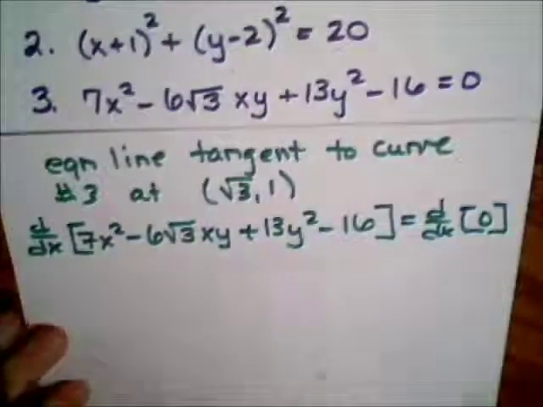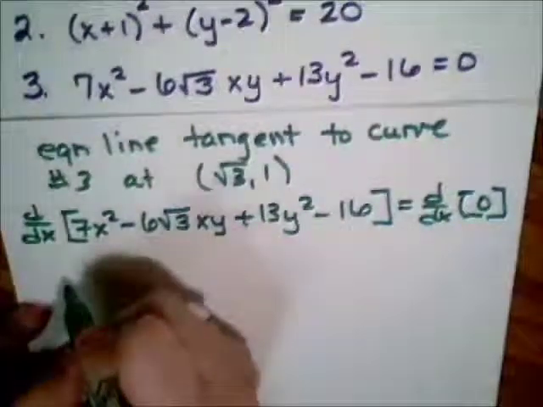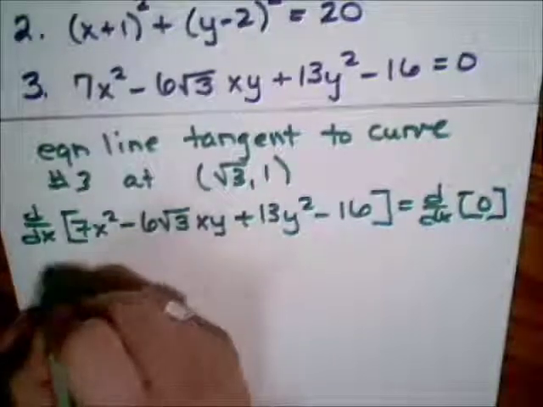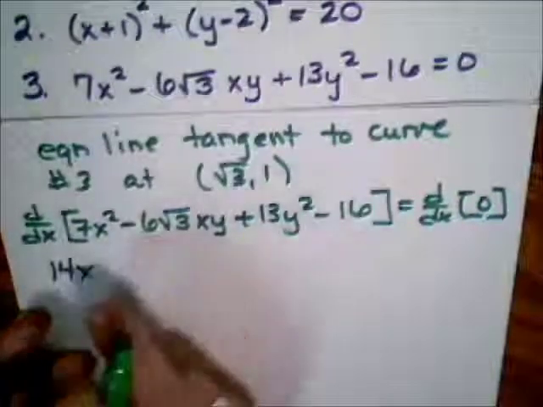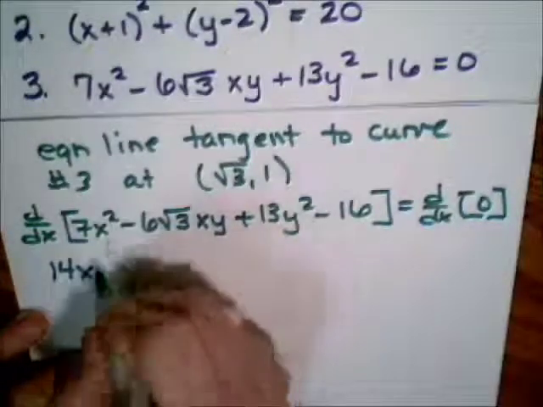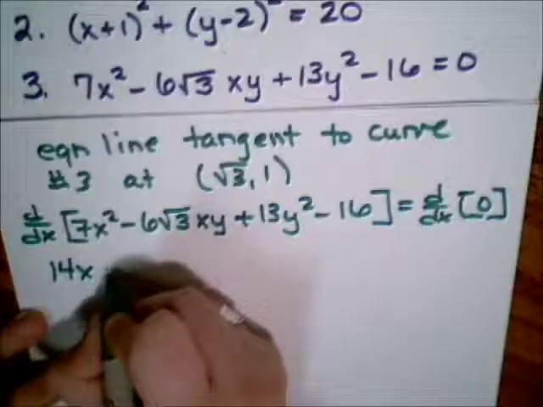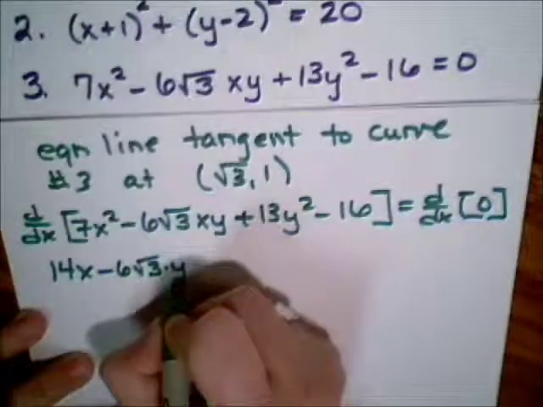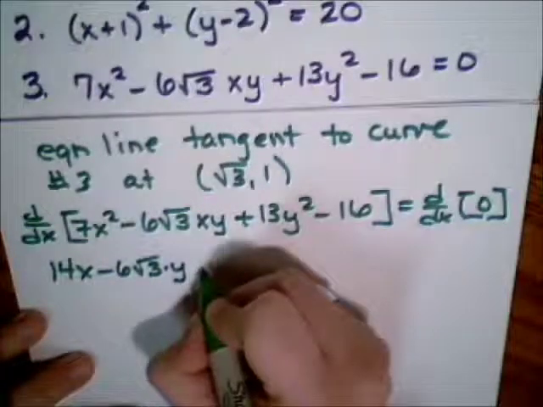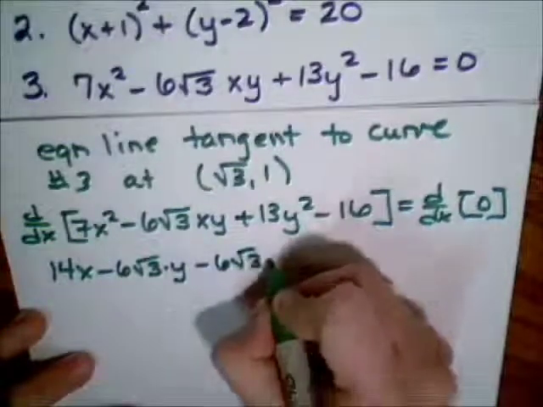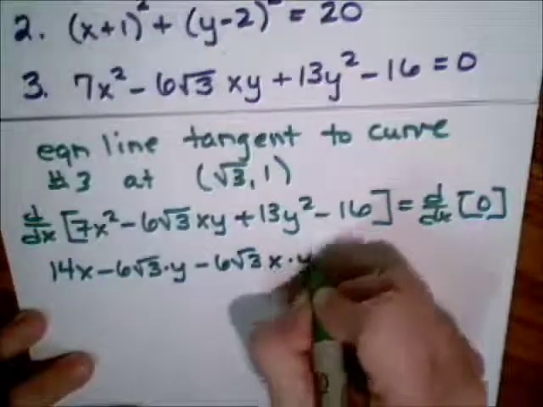Okay, we've moved through these derivatives, so let's move again. The derivative of the first term, 14x. The derivative of the second term, that's going to be a sum. That's going to be negative 6 square root 3 times y plus negative 6 square root 3 x times y prime.